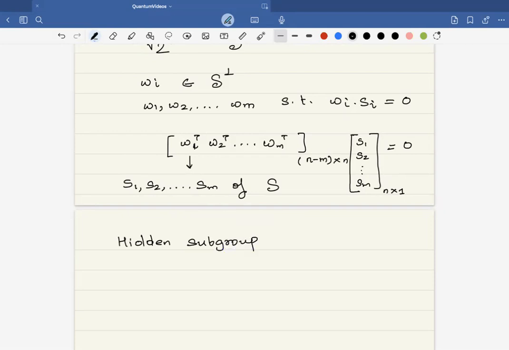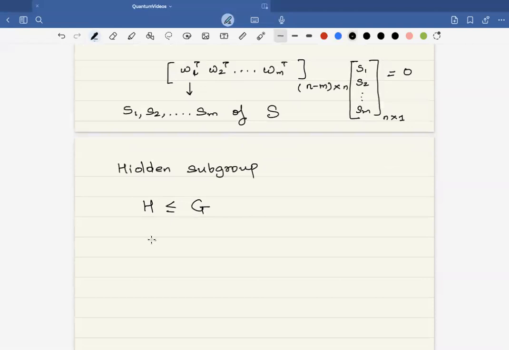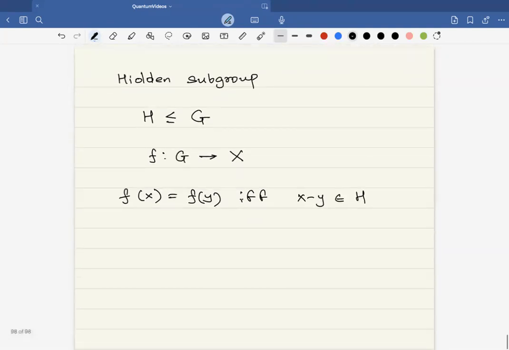You have a subgroup H of a group G, and you have a function f from G to some set X, and f(x) is equal to f(y) if and only if x minus y belongs to H. So essentially the function is constant on the cosets.